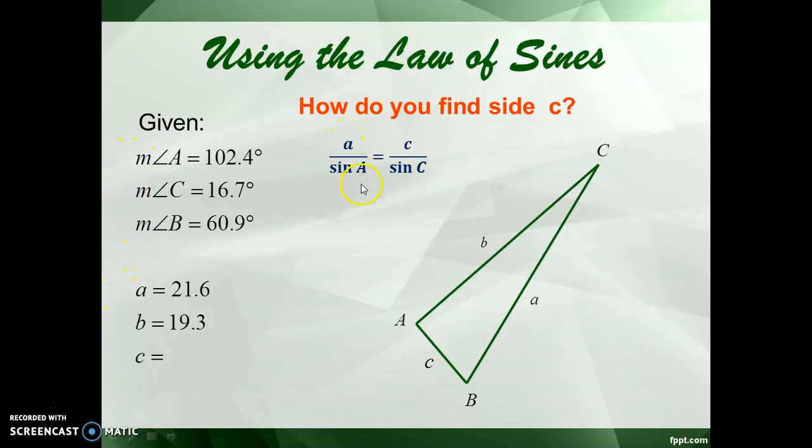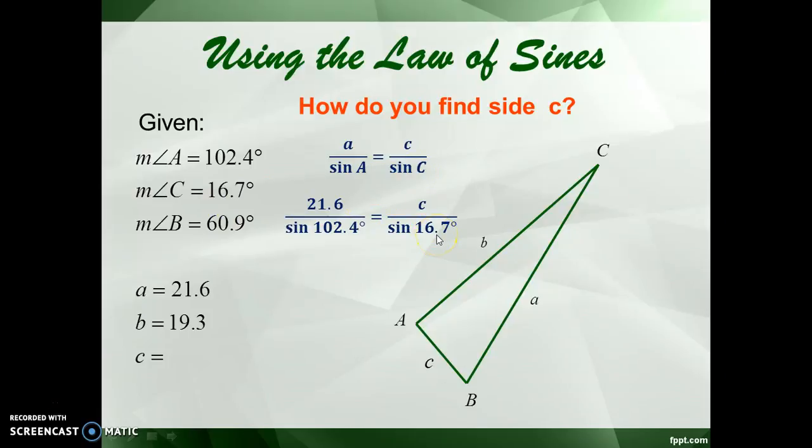So a over sine A equals c over sine C. So a is 21.6, angle A is 102.4 degrees, and c is the missing part, and angle C measures 16.7 degrees.